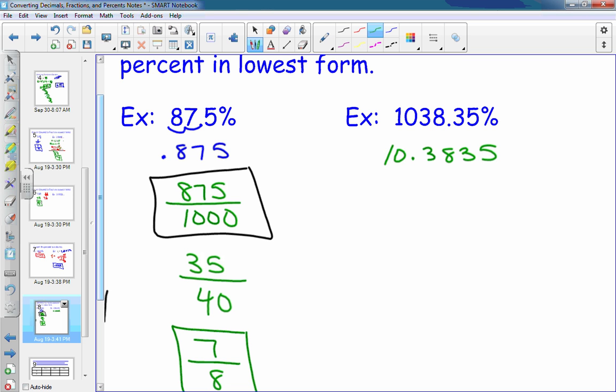What's this first 3 place value? Tenths, hundredths, thousands, 10,000ths. So that's 10 and then 3,835 all over 10,000. Do we see that? Right?